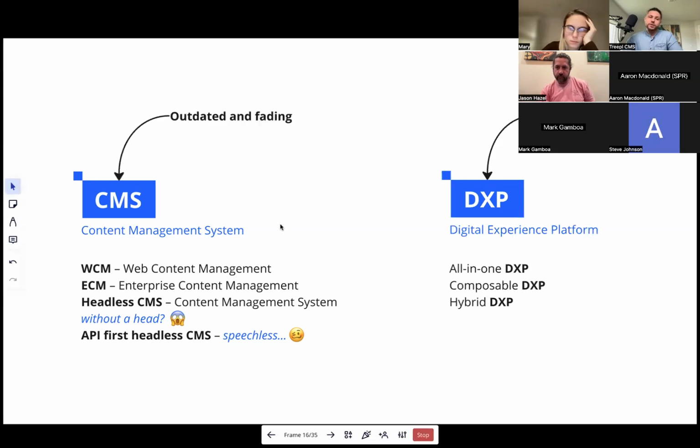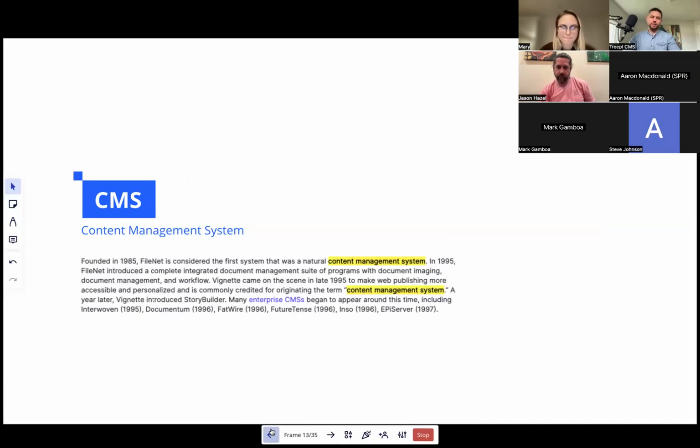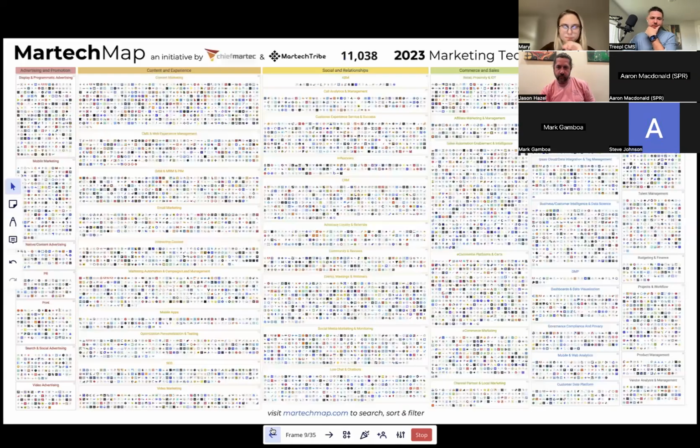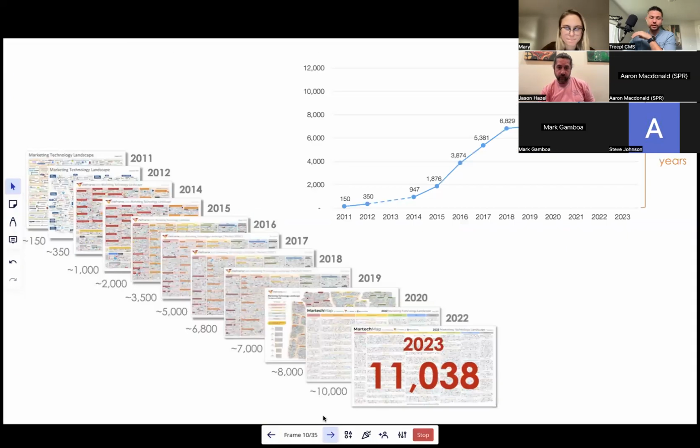So from my observation, this term is outdating and fading, and this term is taking root. Content management system is a very limiting term, because if you look at the landscape, it's not just about the content, it's way more. The market is growing, the possibilities are growing, and technologies are growing.